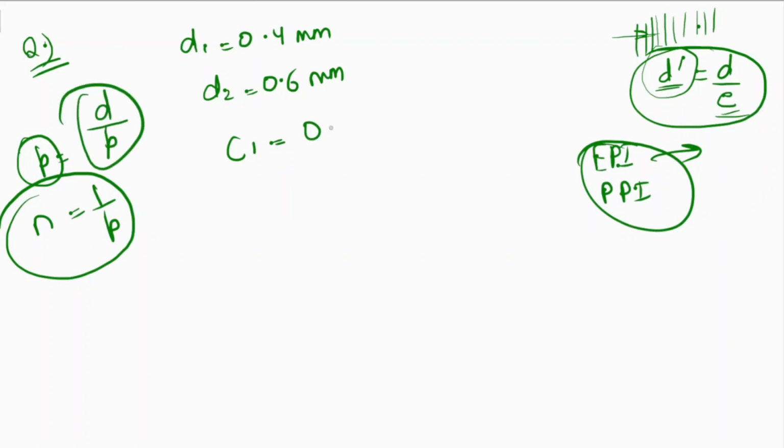The formula is d upon p. So how much is d upon p? C1 is 0.4 upon 0.8, and C2 is 0.6 upon 1.2. Whatever answer comes, we also divide by the degree of flattening. The degree of flattening is 0.8, so we divide the answer by 0.8.